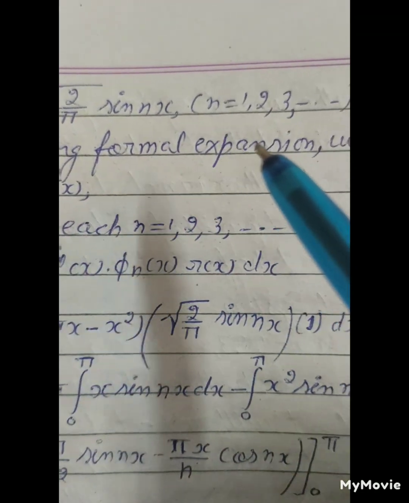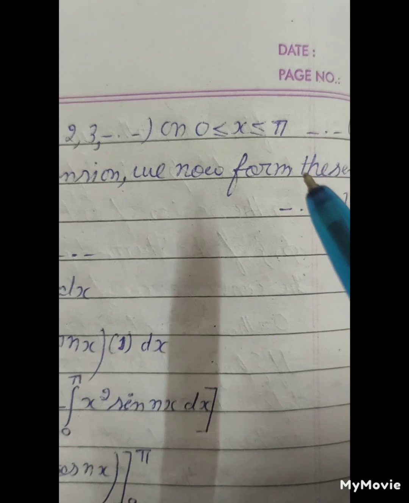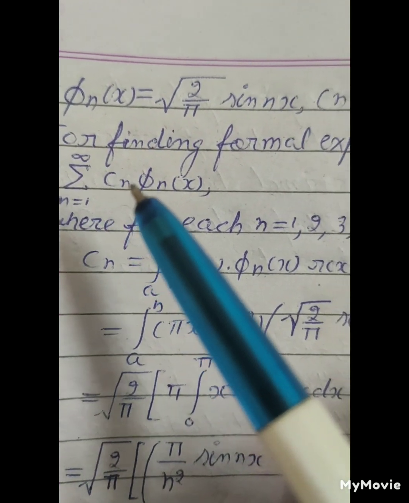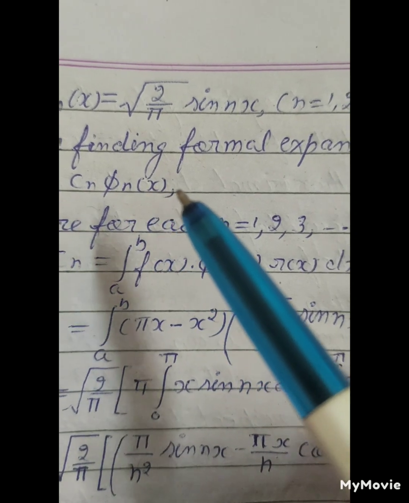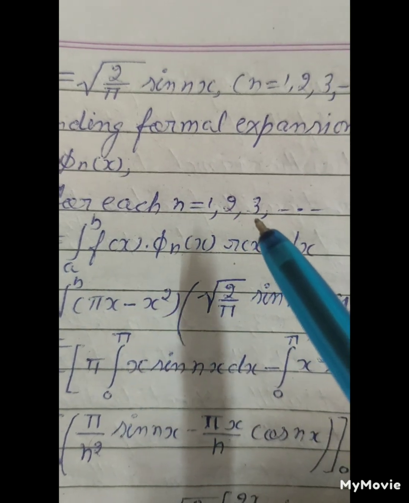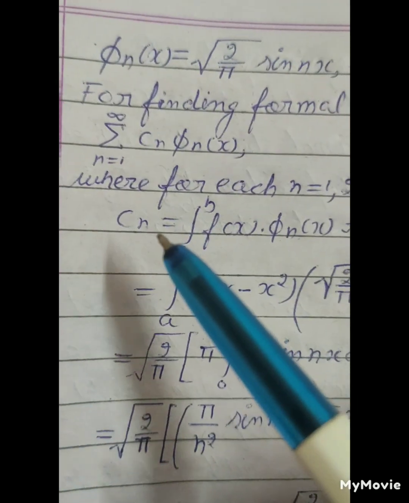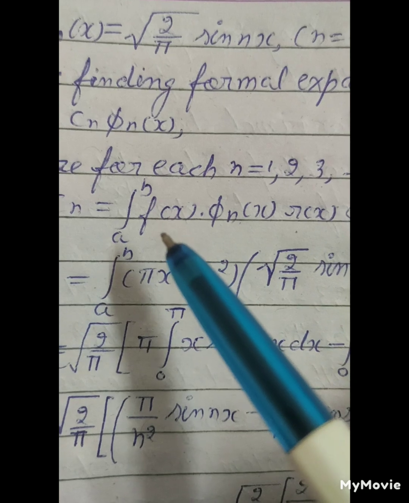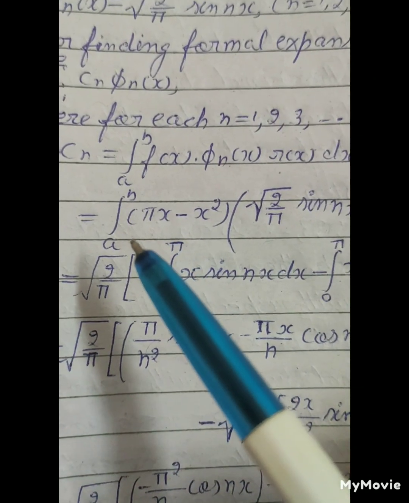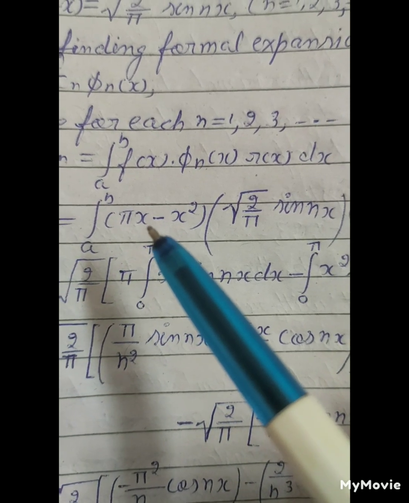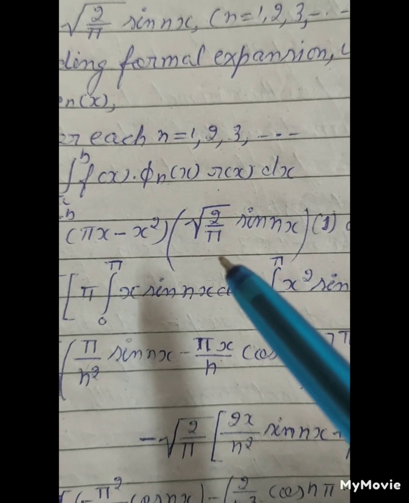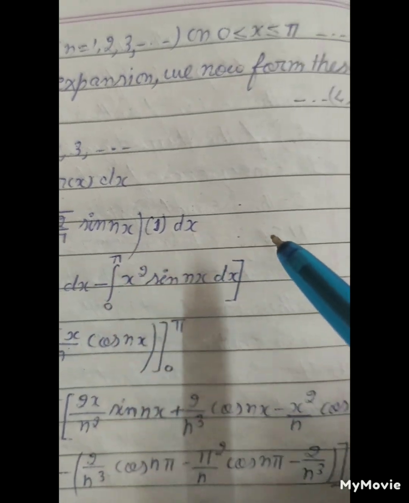For finding the formal expansion, we now form the series sum from n = 1 to infinity of cn φn(x), equation 4. Here for each n = 1, 2, 3 and so on, cn is the integral from a to b of f(x) φn(x) r(x) dx, which is the integral from 0 to π of (πx − x²) √(2/π) sin nx times 1 dx.